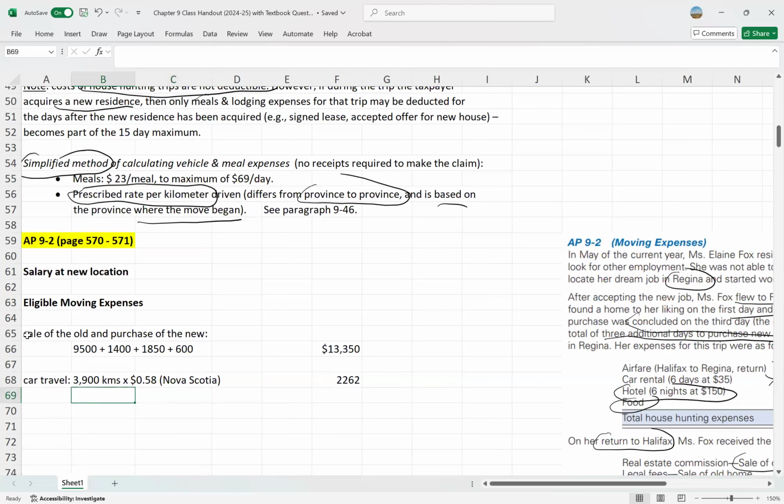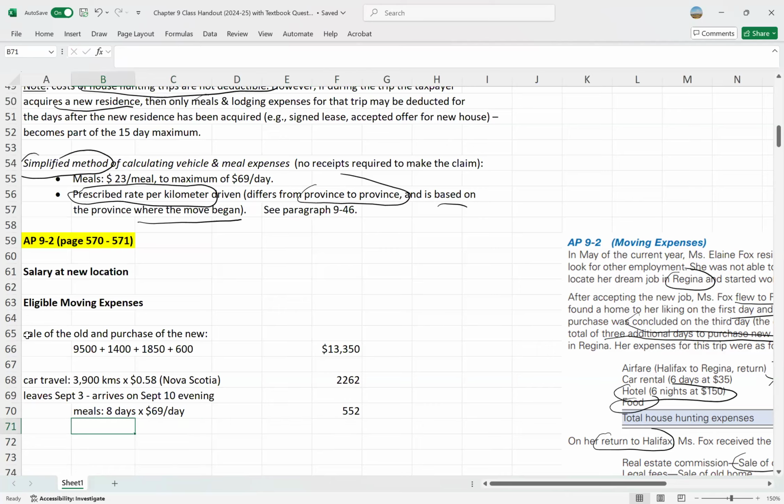This is where it gets a little bit confusing because she leaves on September 3rd and arrives on the evening of September the 10th. So let's think about how many days of meals she has: September the 3rd, 4th, 5th, 6th, 7th, 8th, 9th, 10th. So she has 8 days of meals at $69 per day, which is going to be $552.